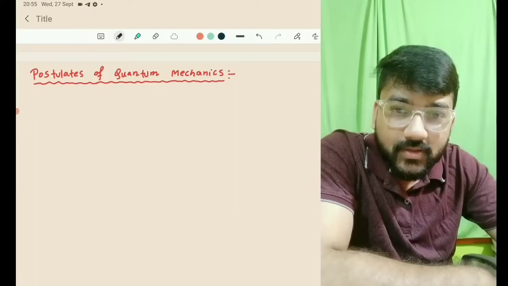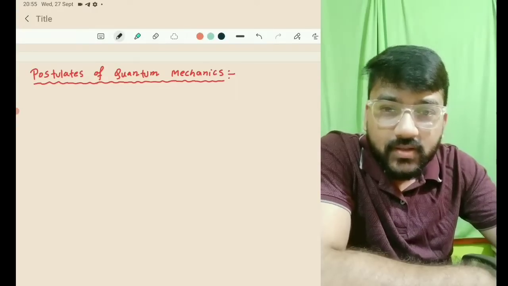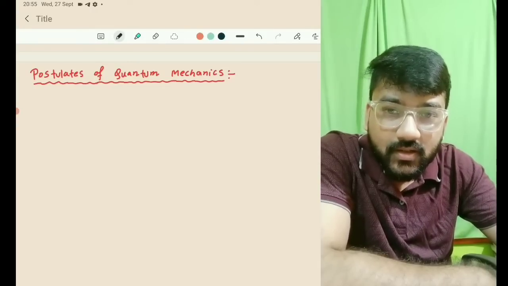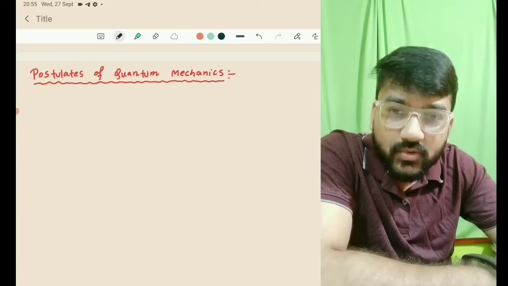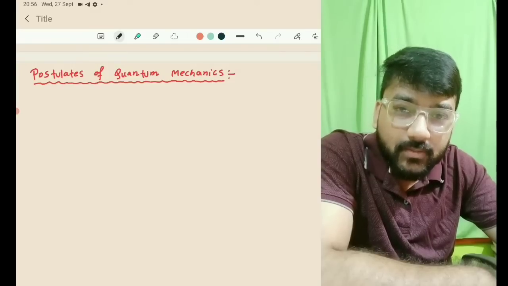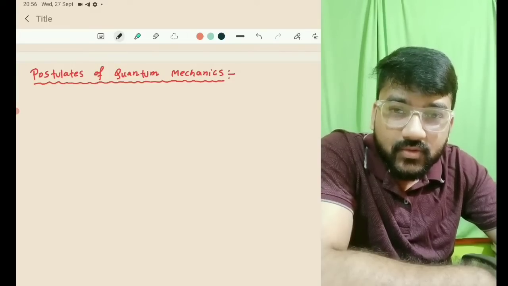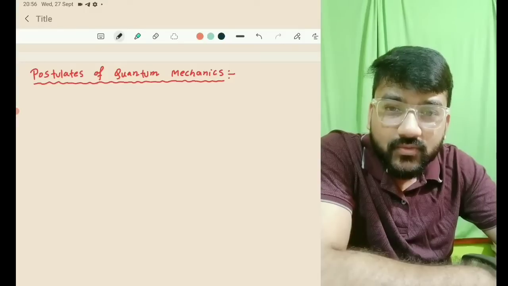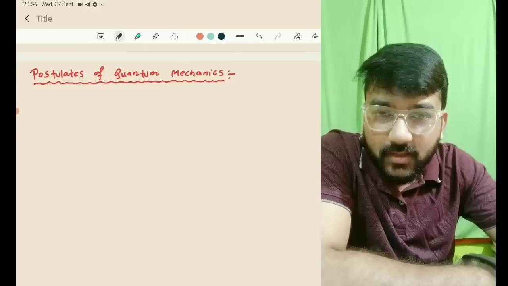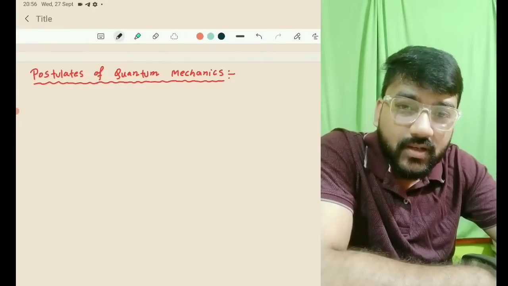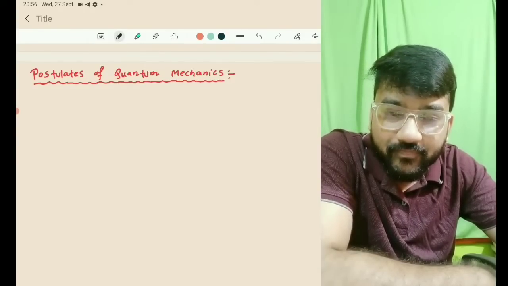But before going to that part, let me tell you what is the approach of studying a system, that is a system of particles. If you talk about quantum mechanics, or it may be classical mechanics, these are all about study of the system of particles. Maybe it is a single particle, maybe it is a number of particle system.